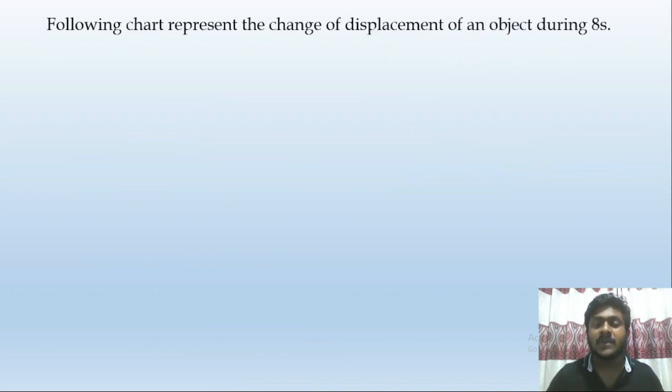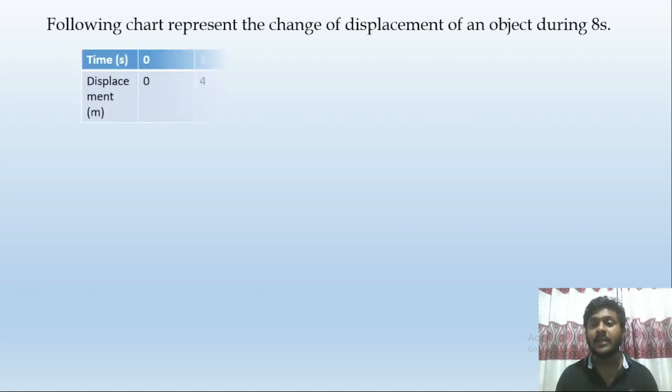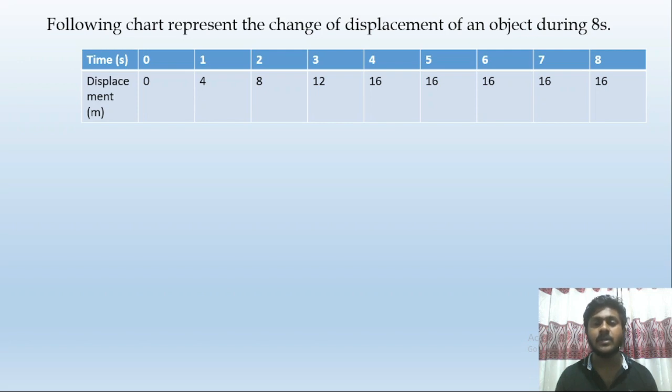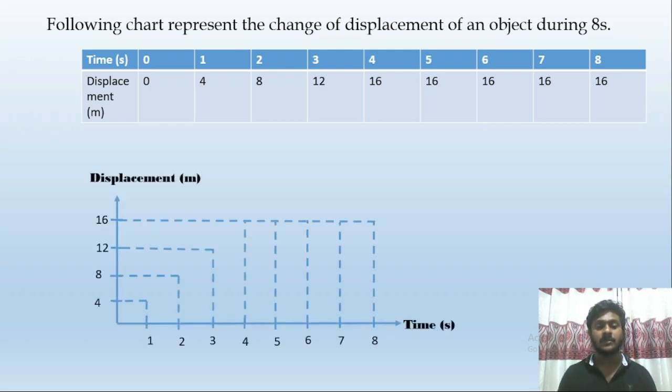Let me draw another displacement time graph. The following chart represents the change of displacement of an object during 8 seconds. So according to this chart, you have a clear idea. The object moves 16 meters in 4 seconds and then it does not move, but the time is passing. So let me draw the graph. In the first 4 seconds, the object increases the displacement up to 16 meters.